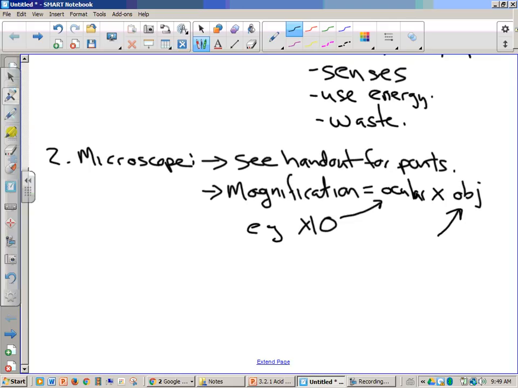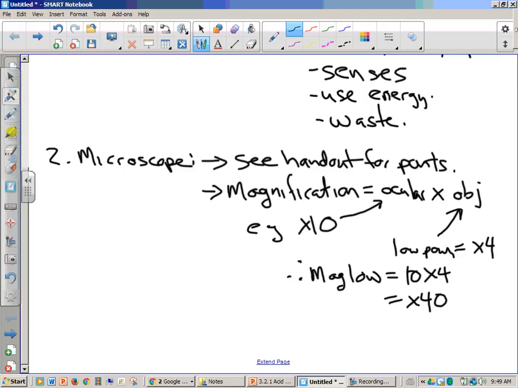The objective lens under low power. Does anybody remember what that objective lens was under low power? 4. So 10 times 4. Therefore, the magnification under low, what was that equal to? 40. So it would be 10 times 4 equals 40 times the magnification.